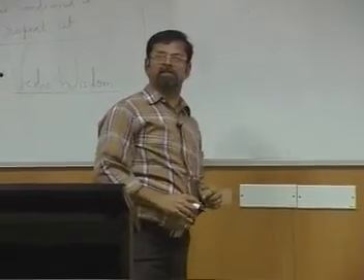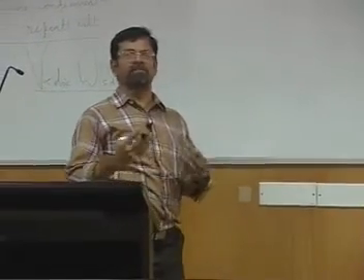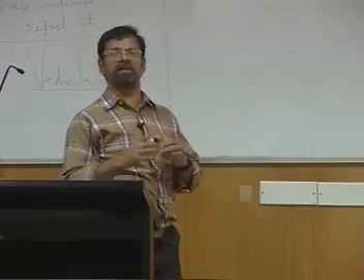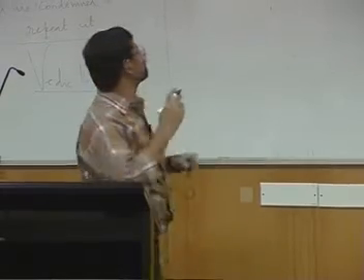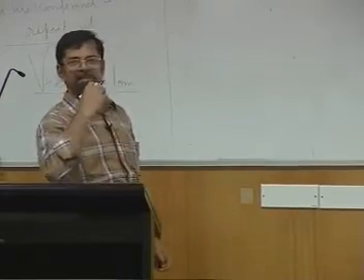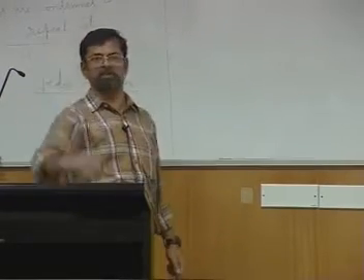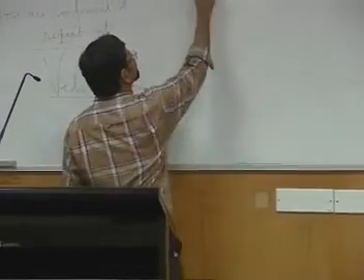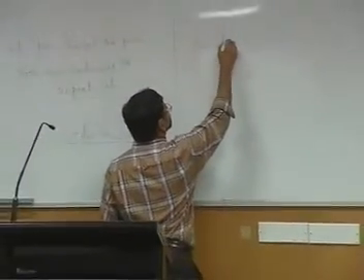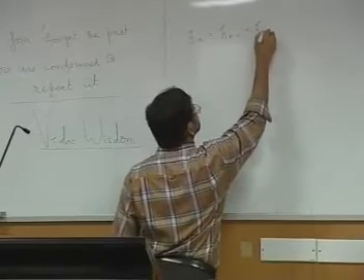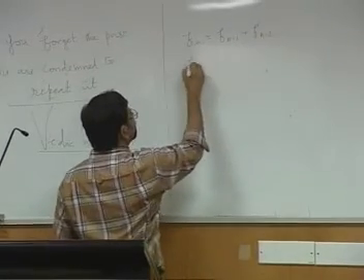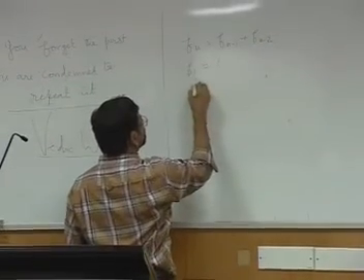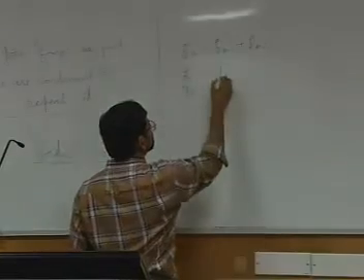Let us consider the following simple recursive program based on a recurrence equation. You know Fibonacci numbers, so let us write down the recursive code for that. What is the Fibonacci number? F of n equals f of n minus 1 plus f of n minus 2, and f of 1 equals 1, f of 0 equals 0.